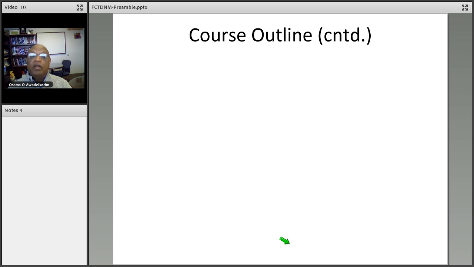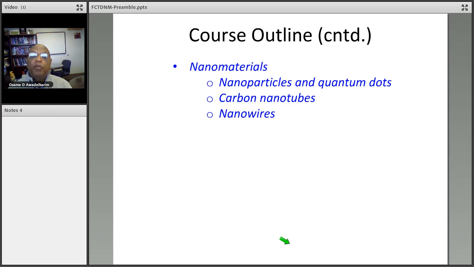And then from there on, we will be looking at special categories of nanomaterials. And these nanomaterials comprise nanoparticles and quantum dots, carbon nanotubes, and nanowires. We will look into basic physical properties of these different types of nanomaterials, and we will also discuss how they're prepared.